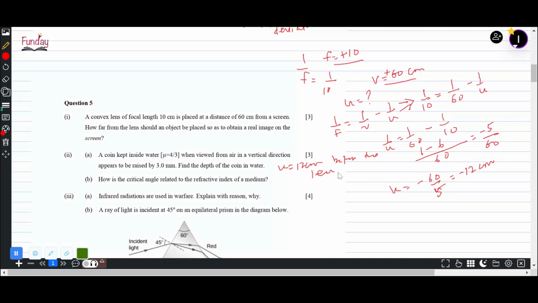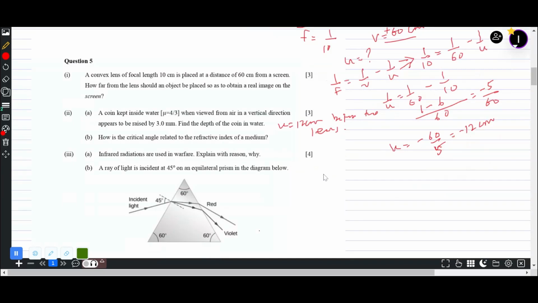Okay. Now the second question: a coin kept inside water, of which the refractive index is 4 by 3. When viewed from air in the vertical direction, it appears to be raised by 3 mm. Find the depth of the coin.